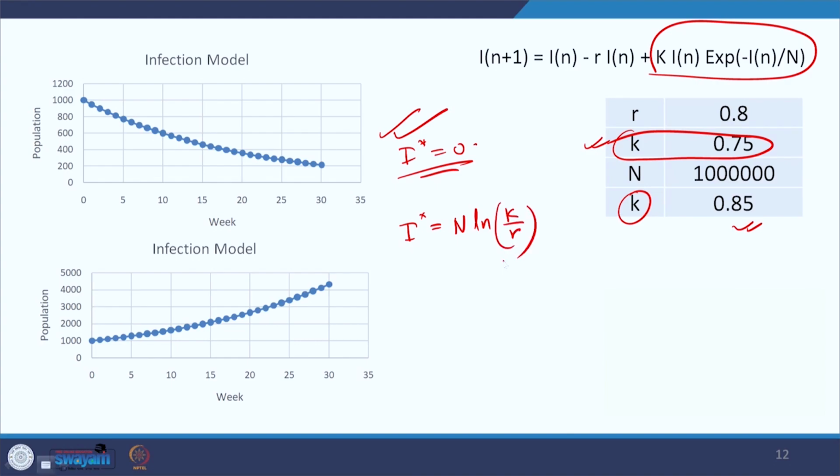So, what we are doing here is, we have the equation I_(n+1) equals I_n minus r I_n plus k I_n e to the power minus I_n divided by n. And we are finding the equilibrium solution of this, for which we put I_(n+1) equal to I_n equal to I star.